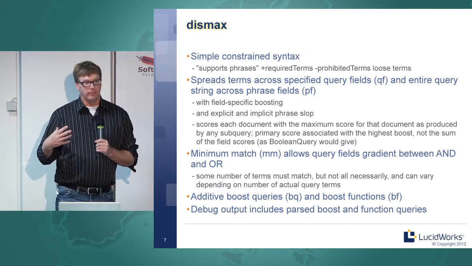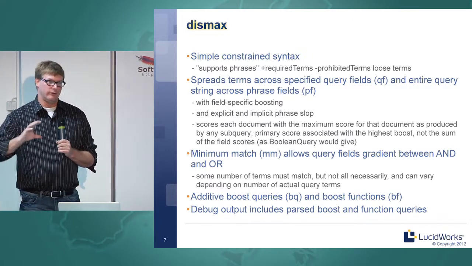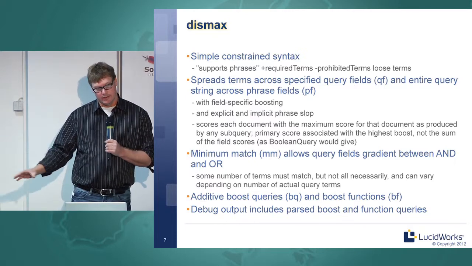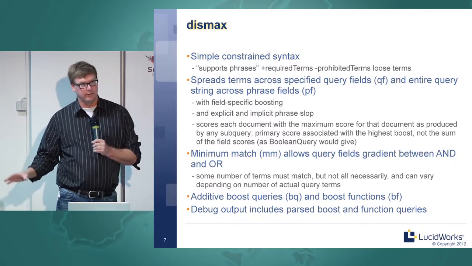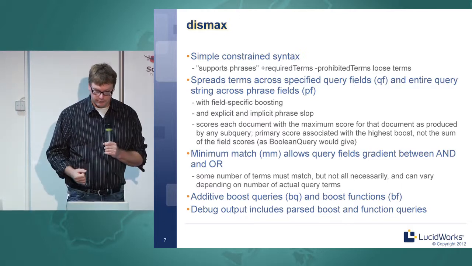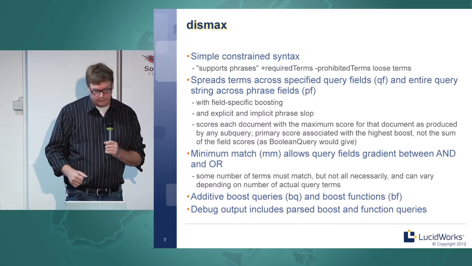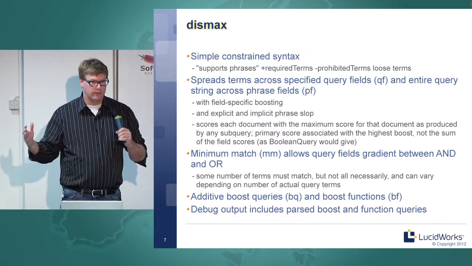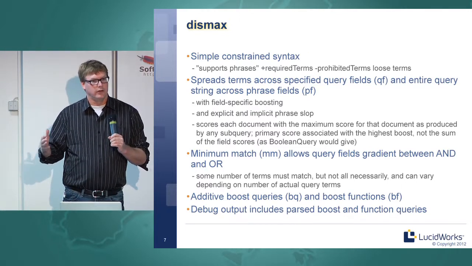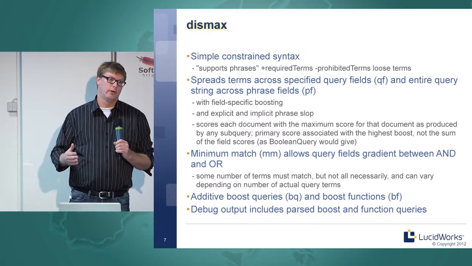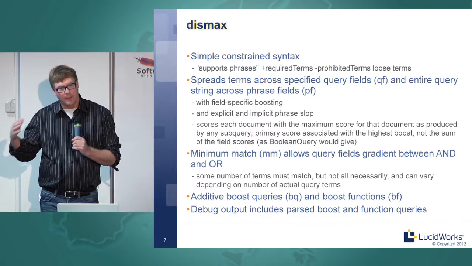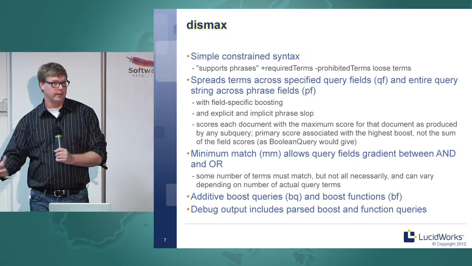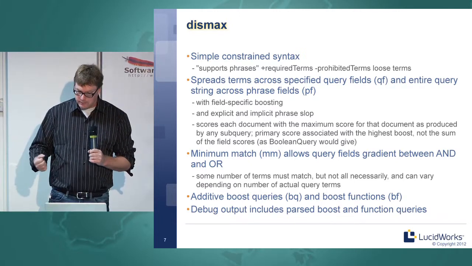There's a number of bells and whistles, parameters and knobs and dials that you can tune with the Dismax, and again on another query parser, the extended Dismax. You can also specify phrase fields. It will take the query expression and construct a phrase query, and optionally add that into the Boolean query that gets generated under the covers.